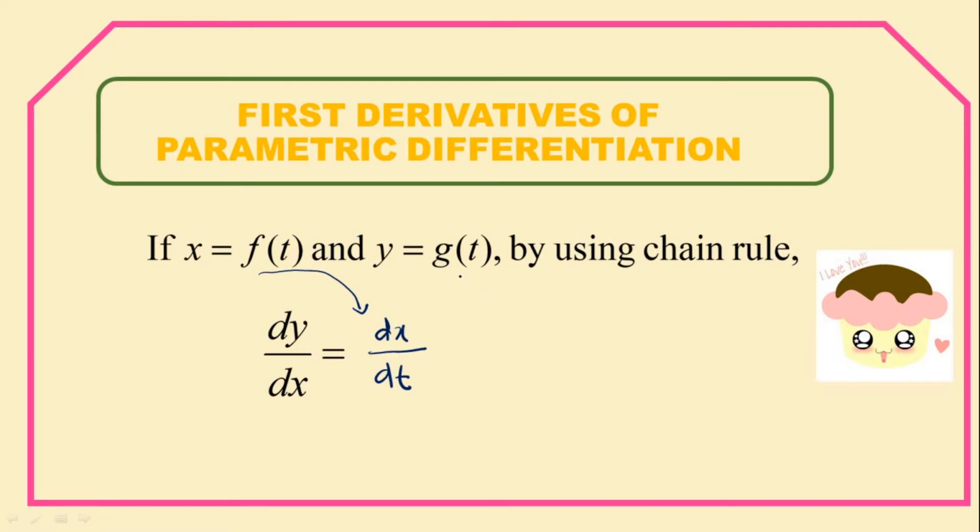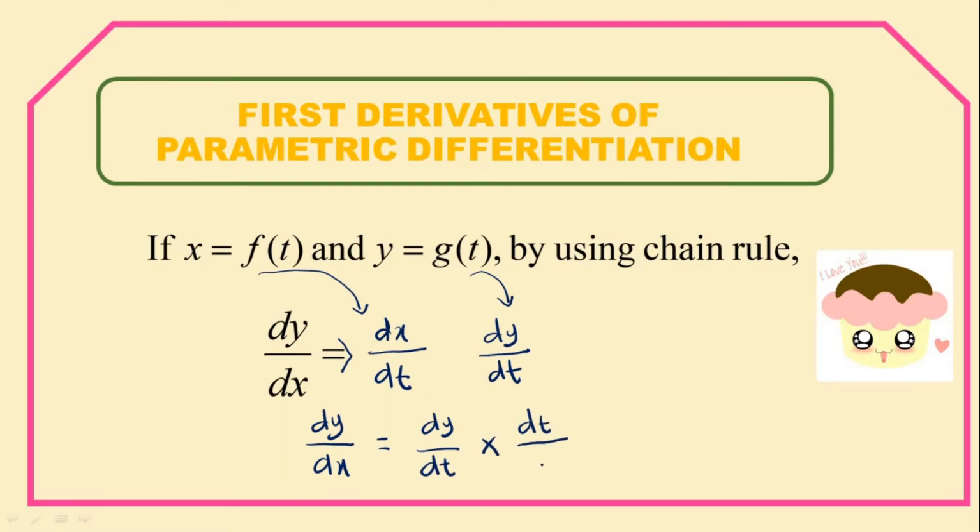And if we have y in terms of t, the derivative would be dy over dt. In order to find dy over dx, we perform the chain rule. So basically dy over dx will be equal to dy over dt times dt over dx.